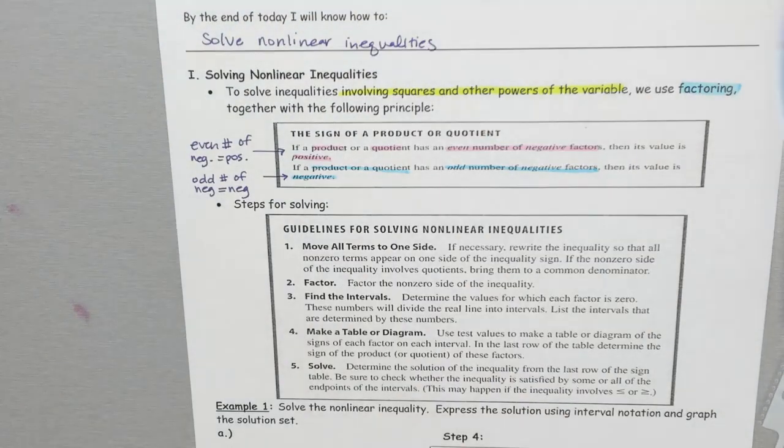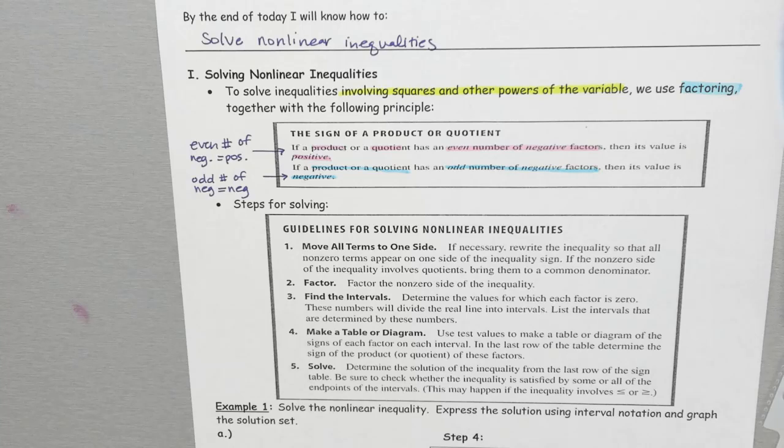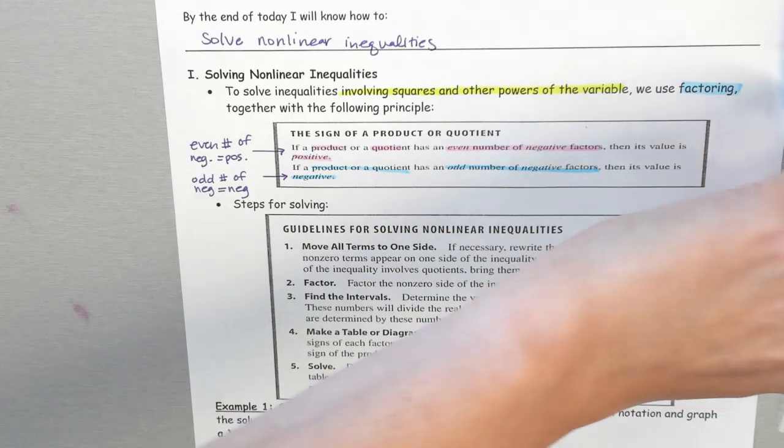So we're going to be setting up tables, and we're going to be using that principle in the tables. For your notes, I wrote the tables out for you. I'm also going to show you how you can put it on a number line so that you don't have to make a table for every one in your assignment, which is something you might have done in Algebra 2 as well.